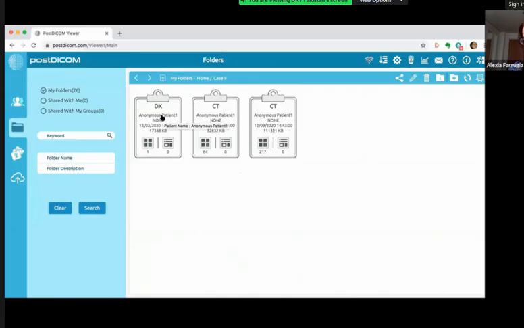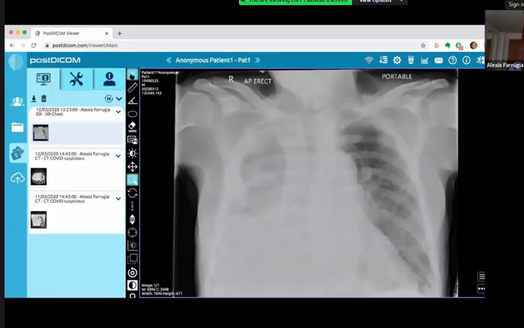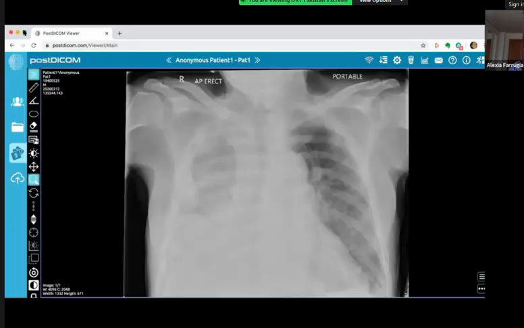So we'll start with a chest X-ray for this patient, and whenever you're ready, you can let me know what you see.